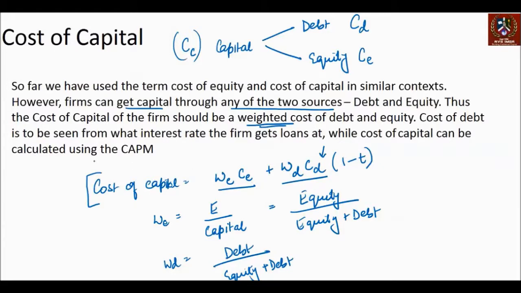Cost of equity can be calculated using the CAPM, whereas cost of debt is nothing but the interest rate at which the company is getting a loan, right? That's the cost of debt for the firm. So that's going to give me the weighted average cost of capital for a particular company.